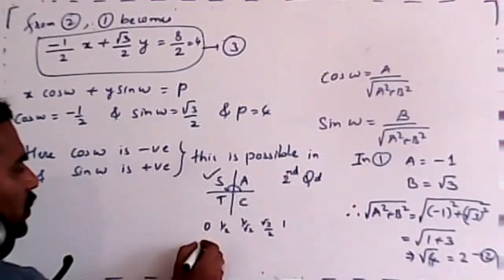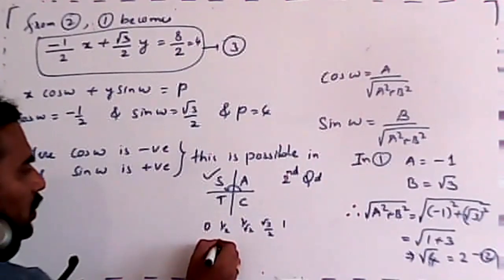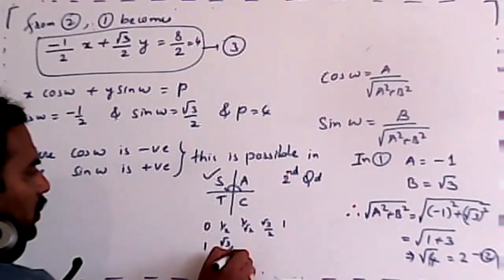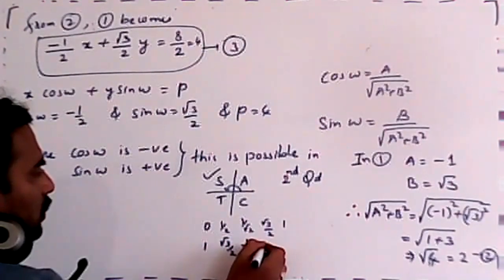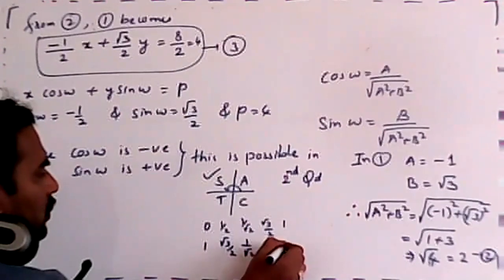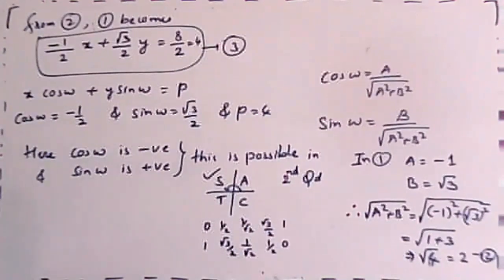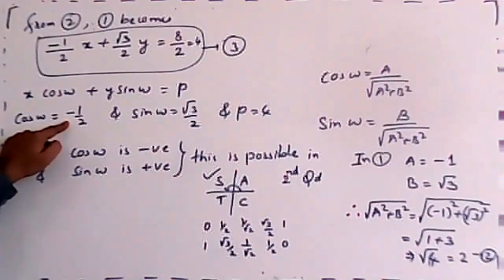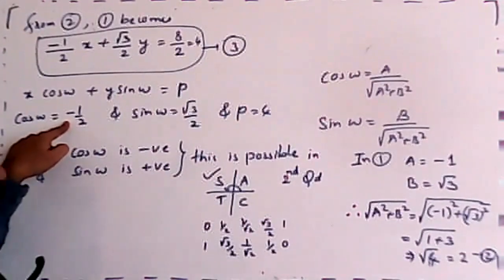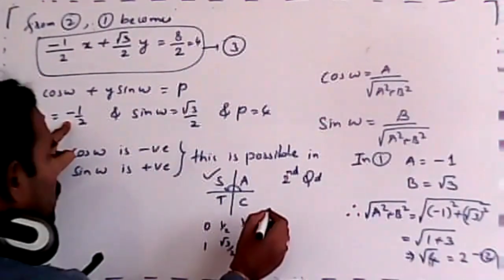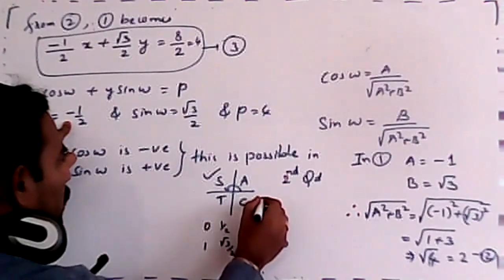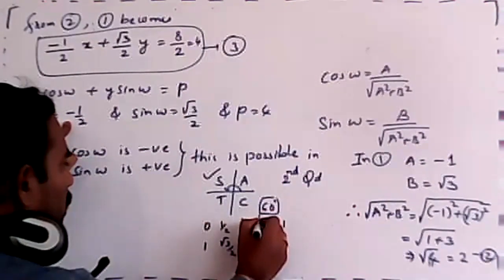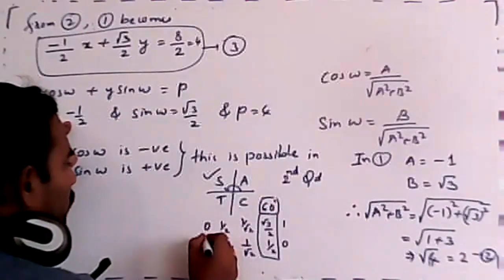Similarly, cos 0 is 1, cos 30 is root 3 by 2, cos 45 is 1 by root 2, cos 60 is 1 by 2, cos 90 is 0. Now you are telling cos is 1 by 2. 1 by 2 means it must be 60 degrees. Understanding? Here it comes.